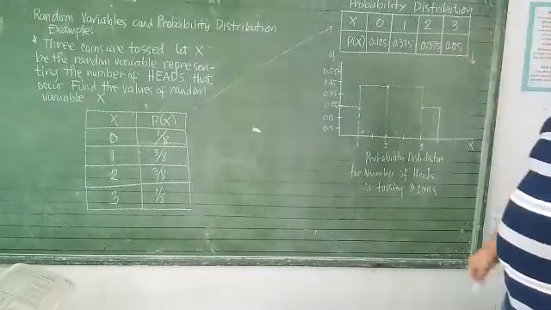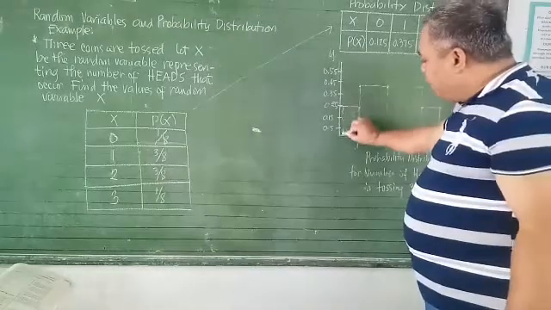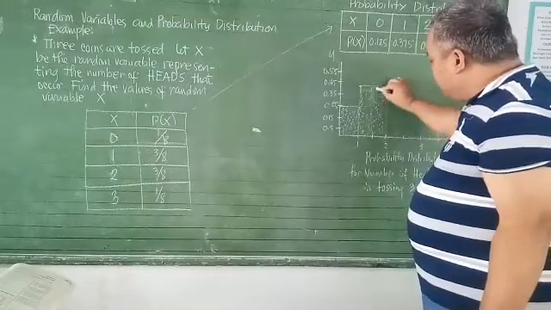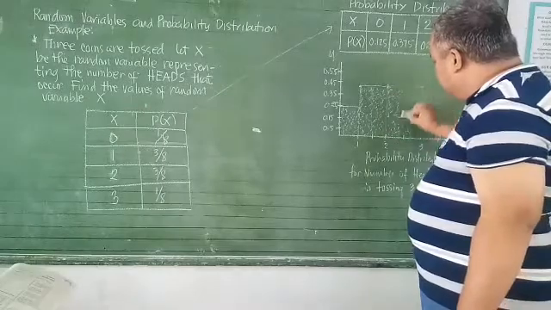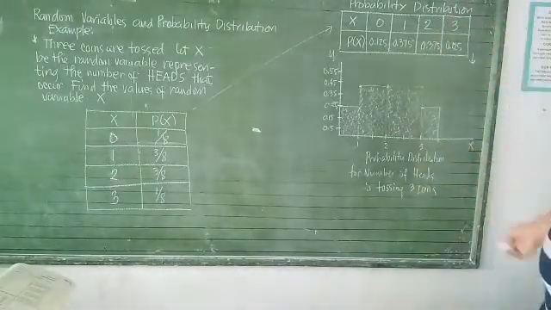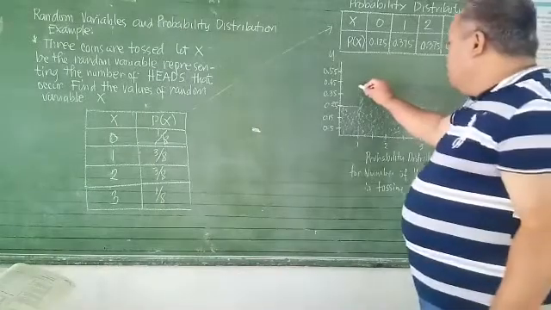In others, they shade the bars so that you can see that those inside are the value of probability. That's the value of probability. Usually that's the correct way to construct your histogram.